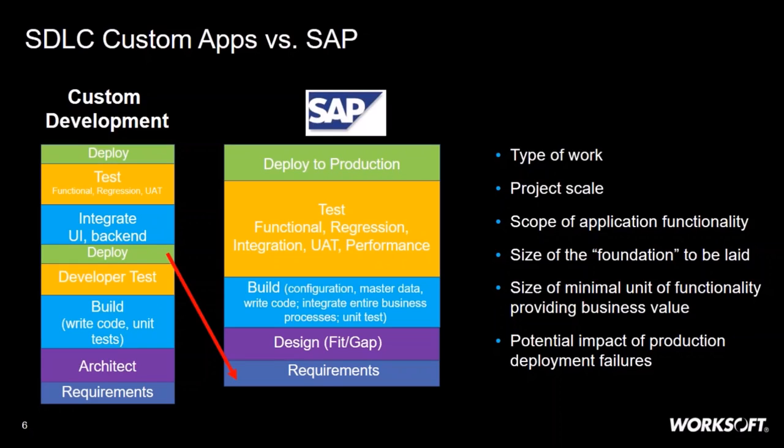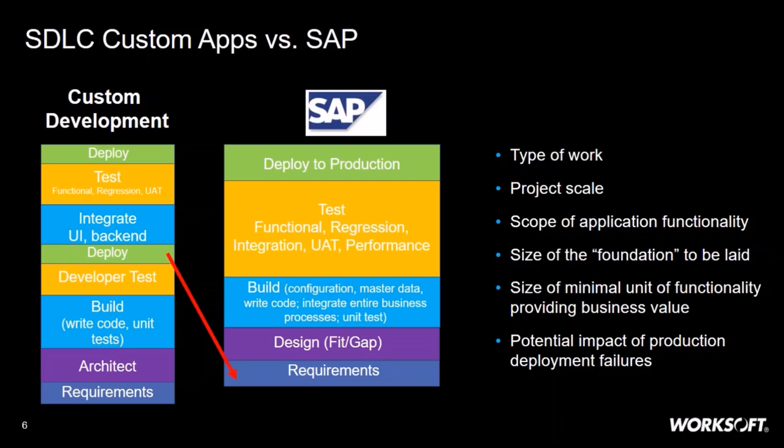And if you look at the process for going from requirements to a deployed functioning application, for custom applications, it's different, right? The two look similar in ways, but there are some differences in the details. Looking at custom development on the left, we start out with a set of requirements, we do some architecting.